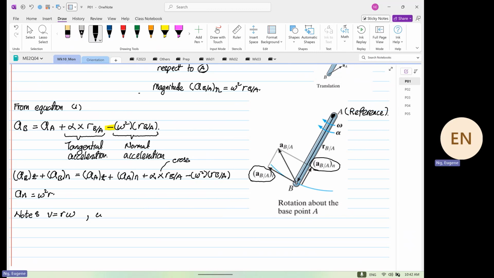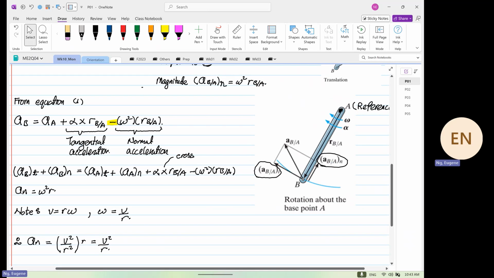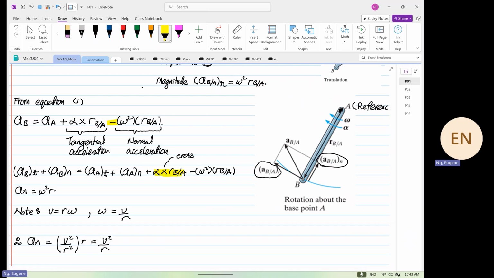And from here, we know that omega is equal to V over R. So therefore, the normal acceleration in terms of magnitude, we can put this as V squared over R squared multiplied by R. So this is equal to V squared over R. By doing an example, what I'm writing over here is clear. As I say, this is a cross. This is not times. This is cross. So it's a vector form.